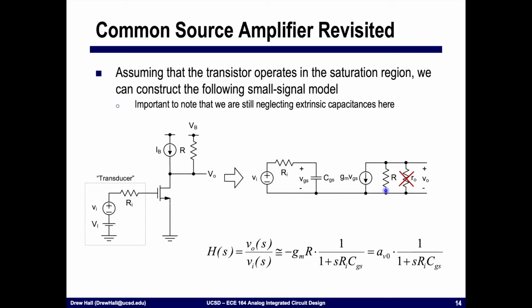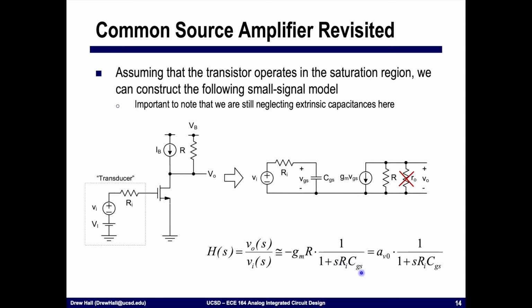Okay? And so this can just be reflected in these two transfer functions. At the output, I have minus GM times R, that's this. At the input, I have this RC filter, which is equal to 1 divided by 1 plus S Ri times CGS.